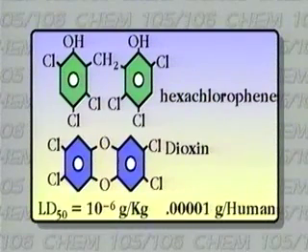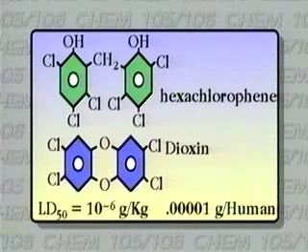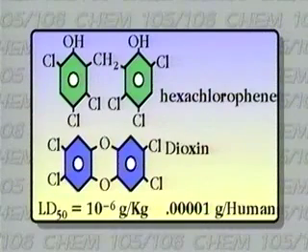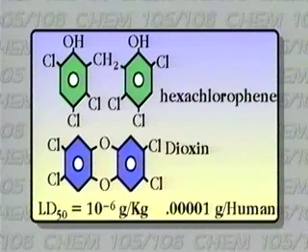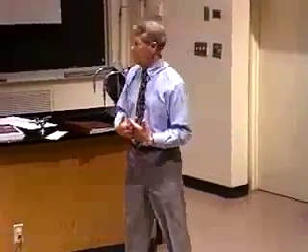So for a normal human, that would mean about 0.00001 gram of dioxin. Now, of course no one has tested this, this is a proposed limit, that 50% of humans subjected to that level would die from the dioxin. However, there's a lot of controversy over dioxin.